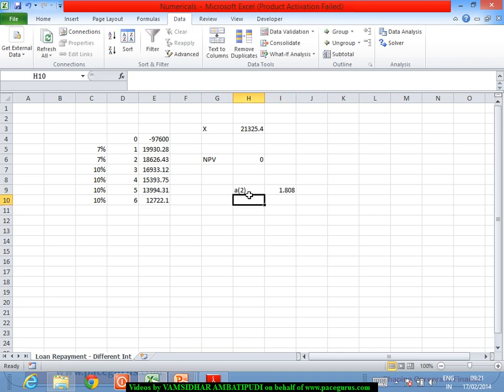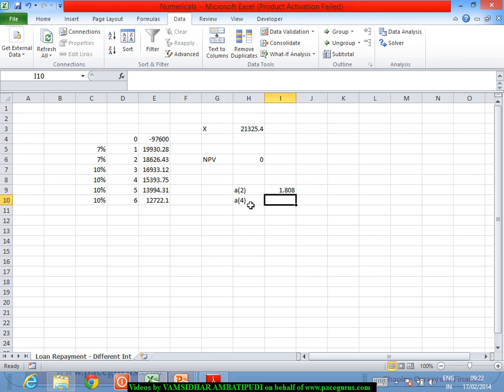1.8080 forms the A2 at the rate of 7%. Then if I want A4 at the rate of 10%, A4 at the rate of 10% comes out to 3.1699.